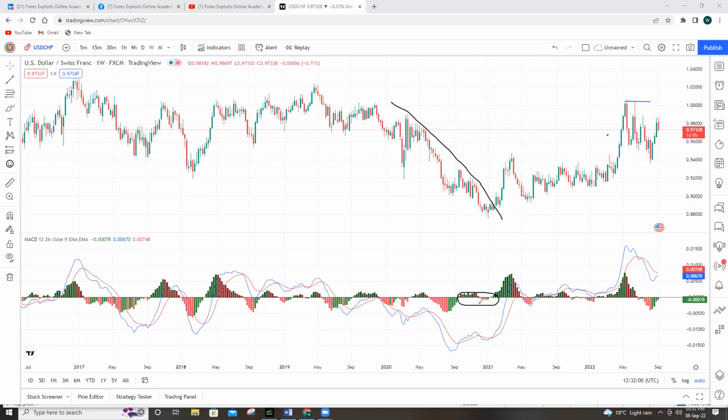So at this point, when the trend is coming to an end, you're going to see that the size of your histogram bars becomes lower, and it just plays around the zero line. No major movement at all.